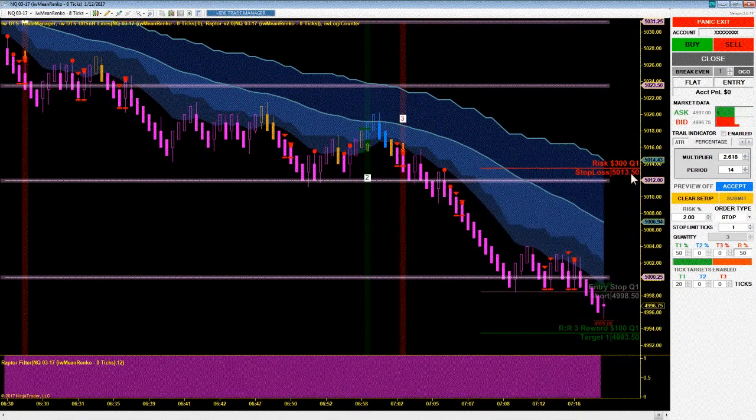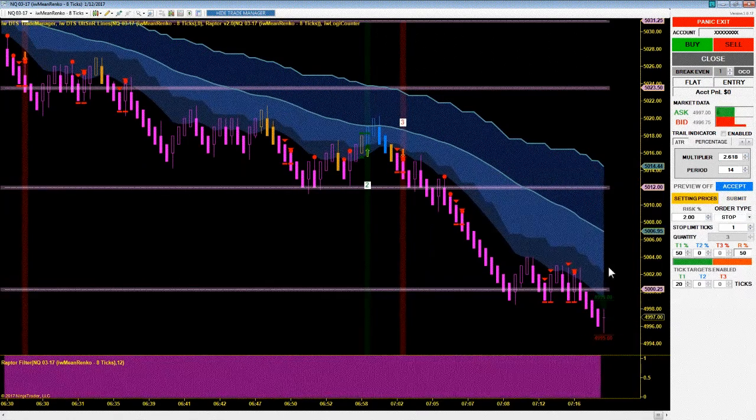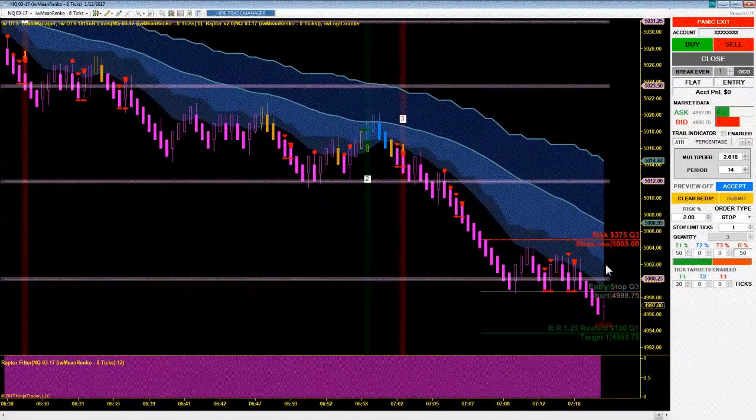The risk percent mode defaults to this value right here. By default, I have it set at 2% of my trading capital. What that means is that regardless of where I place my stop, whether I keep a tight stop or a looser stop, the risk amount never changes.